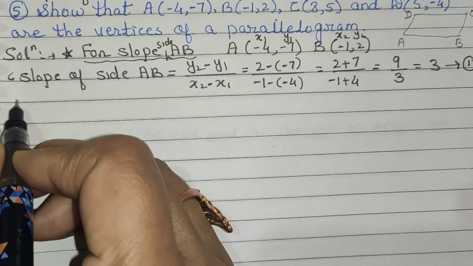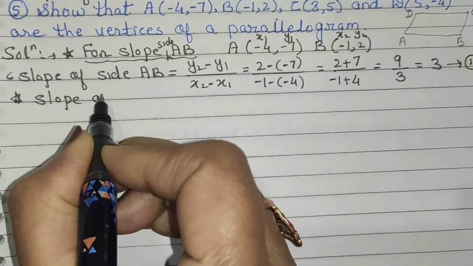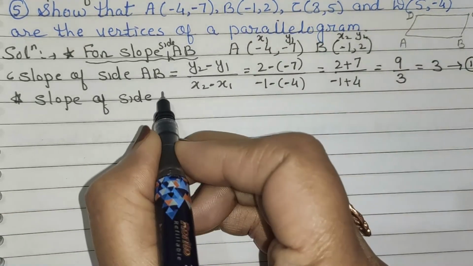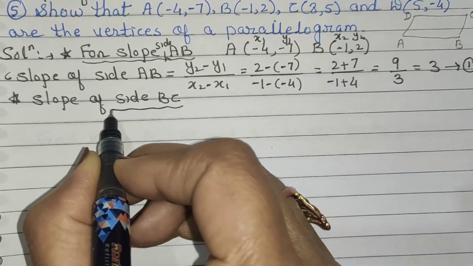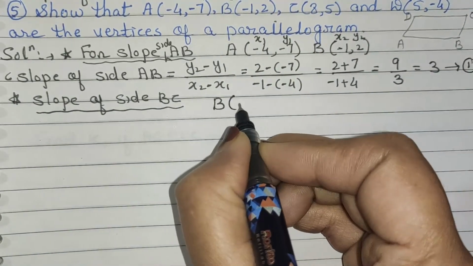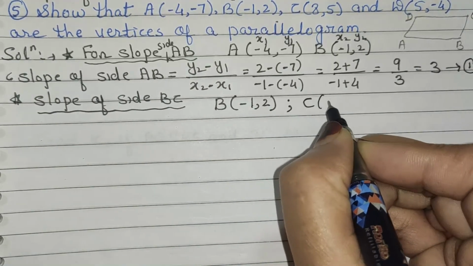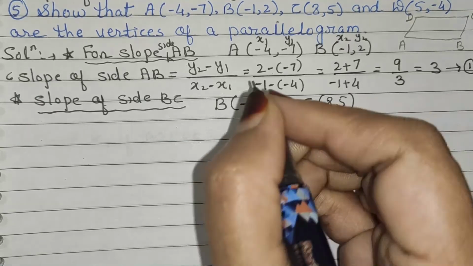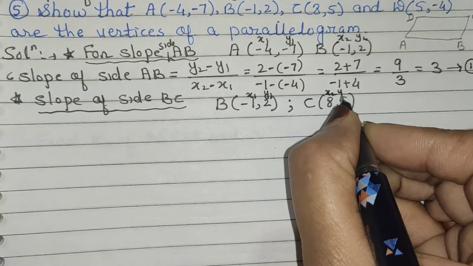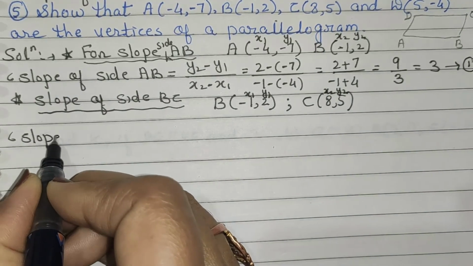Now next, slope of side BC. Now for slope of side BC, the coordinates of point B are minus 1, 2 and the coordinates of point C are 8, 5. Let us consider the coordinates are x1, y1 and here x2, y2. Therefore, write down the formula here.